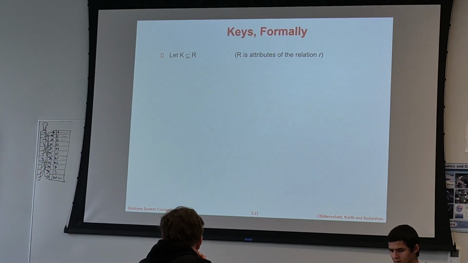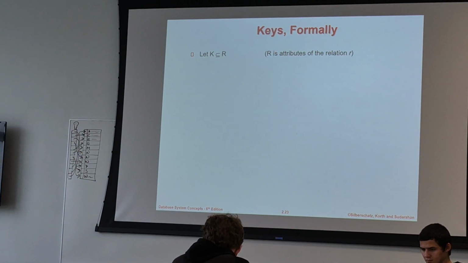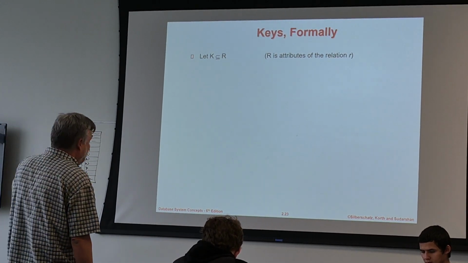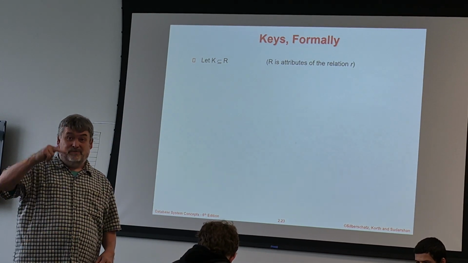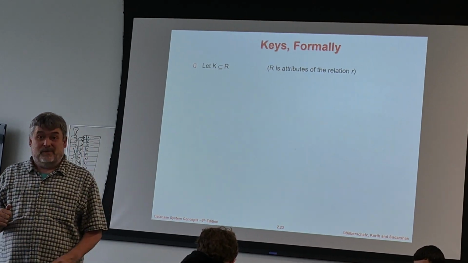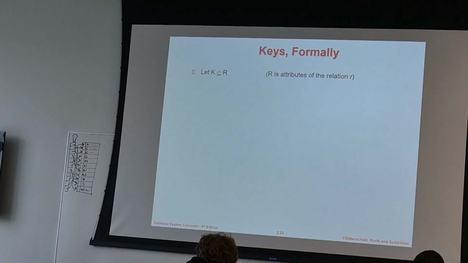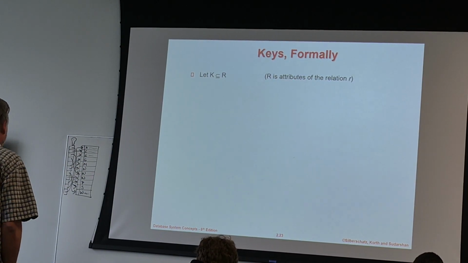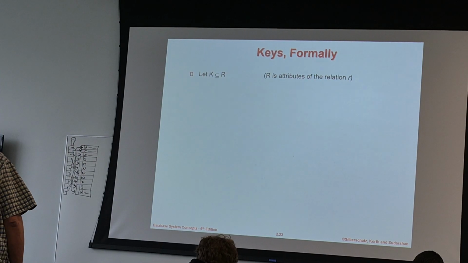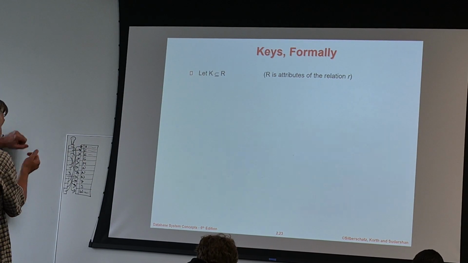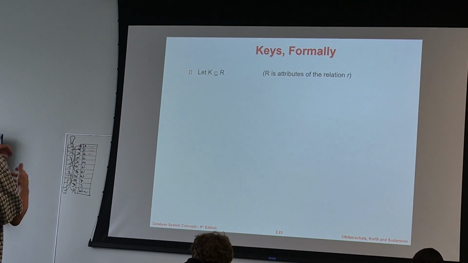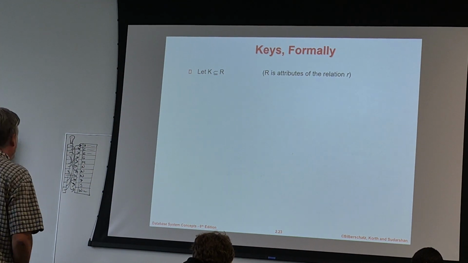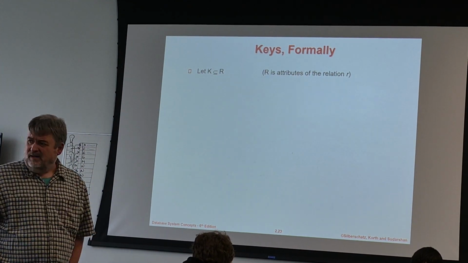So whatever value is in lowercase r, that's the name of a table on your schema diagram, and uppercase R is that list of attributes inside that box with that name, right? And so we're going to say that K, capital K, is a subset, or possibly includes the totality of big R, which is what again, Sam?